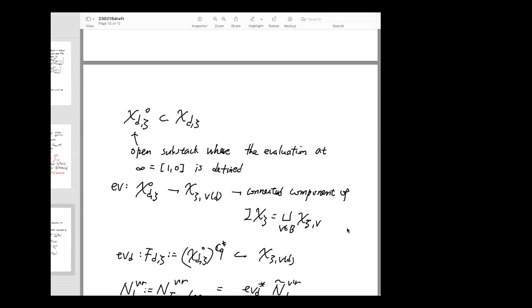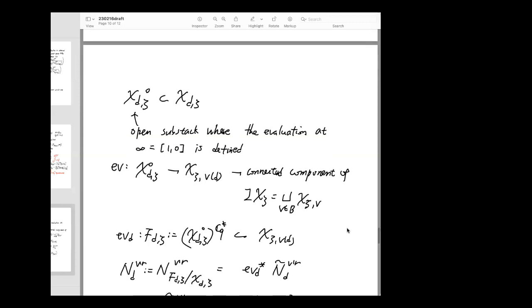And now, as before, we consider the C star Q fixed point and call it F_D.